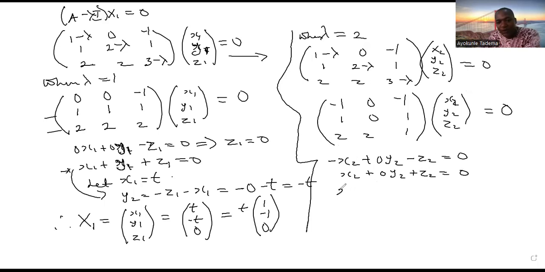And the last one, we have 2x2 plus 2y2 plus z2 equals 0. You see that equation 1 and equation 2 are the same thing. You can just pick any of them as one of the equations and pick the other one as another equation.